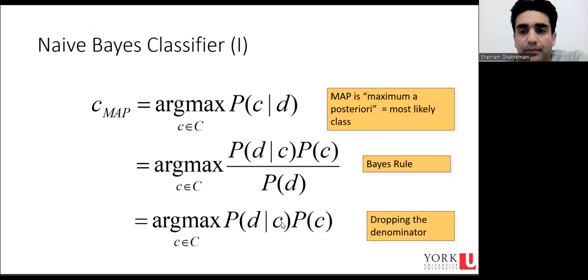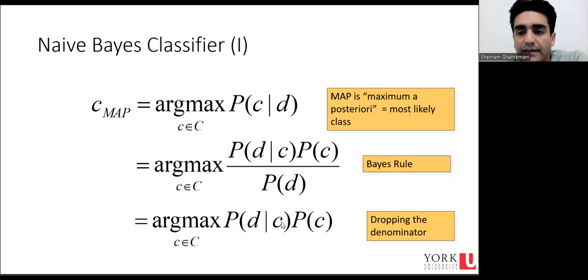The maximum posterior class, the class that we are looking for to assign this document to, is out of all classes the one that maximizes the probability of that class given the document. So we are looking for the class whose probability given the document is greatest.